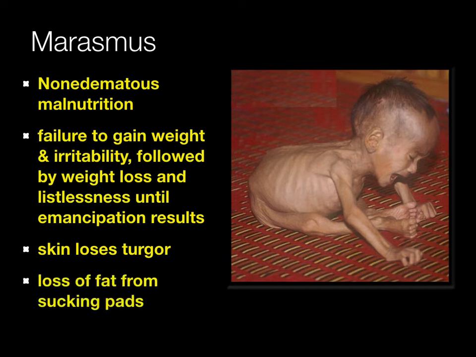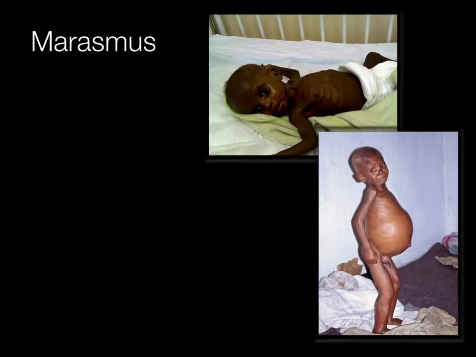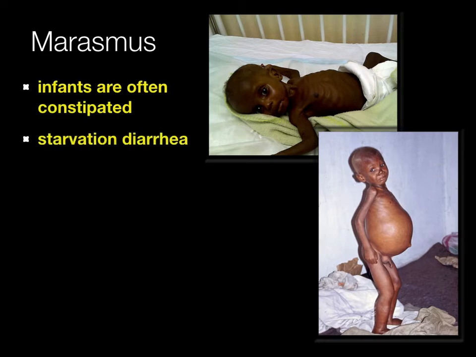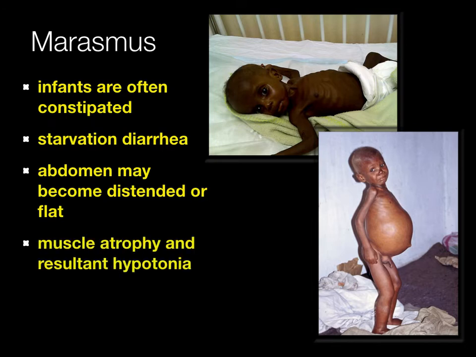There is loss of fat from the sucking pads. Infants are often constipated. There is starvation diarrhea. The abdomen may become distended or flat, with intestinal pattern readily visible. Muscles begin to atrophy and there is resultant hypotonia.